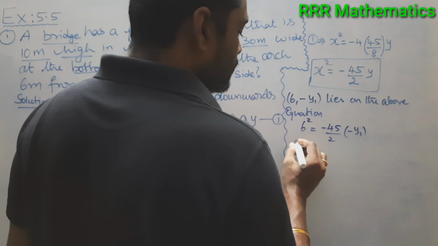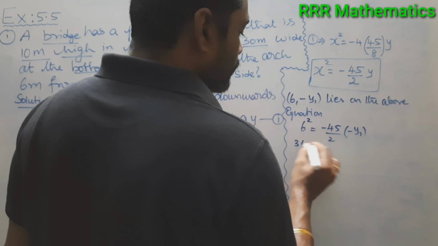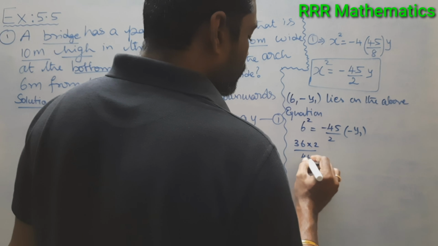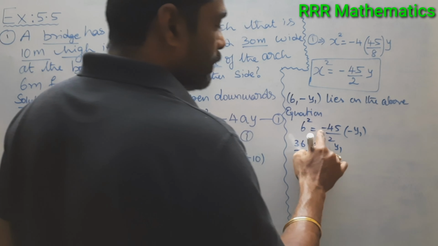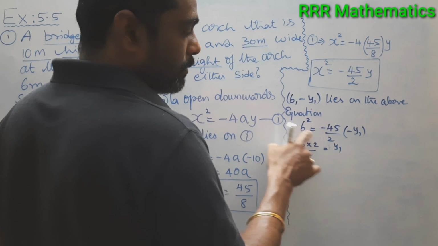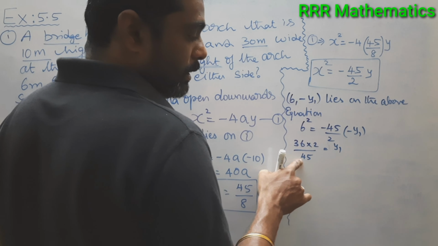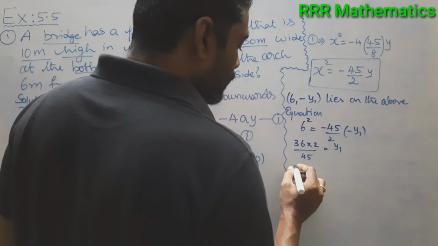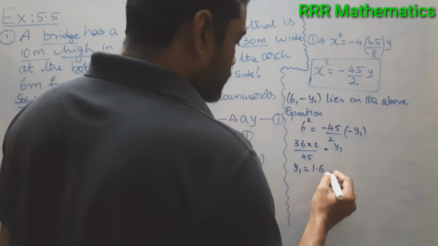So this is 36. Cross multiply by 2, and 45 brings down, equal to y1, minus into minus plus y1. 6 square is 36, cross multiply, 2 will come here, 45 divide. It will be minus into minus plus. So when you simplify, it gives 1.6.